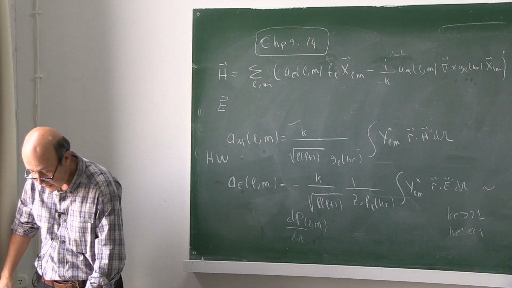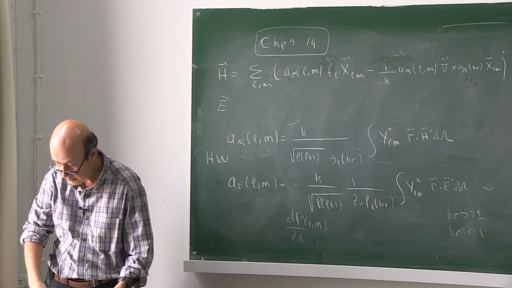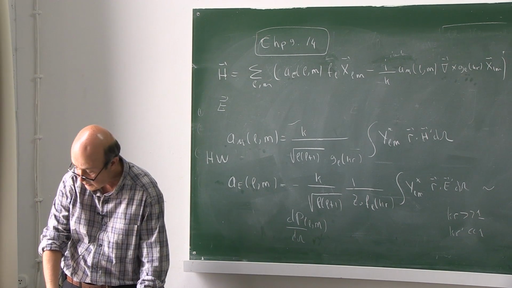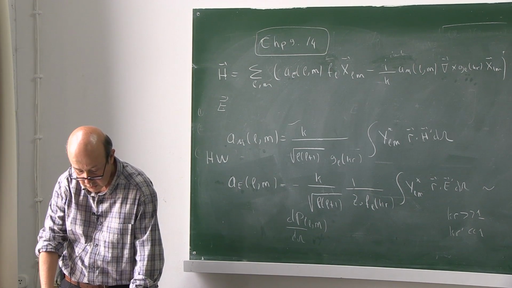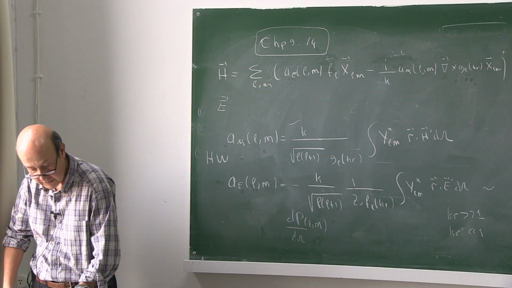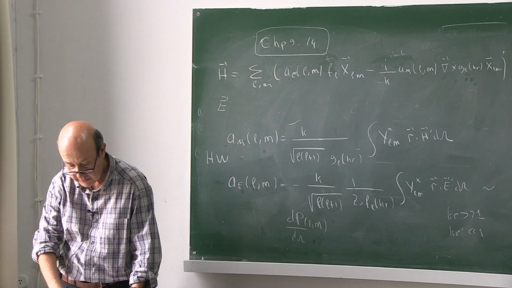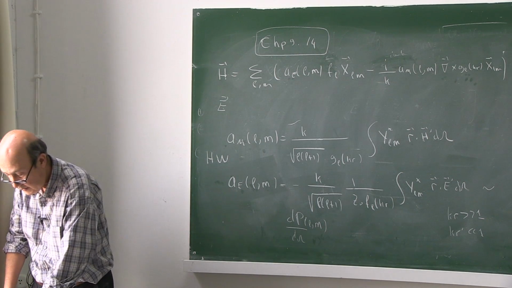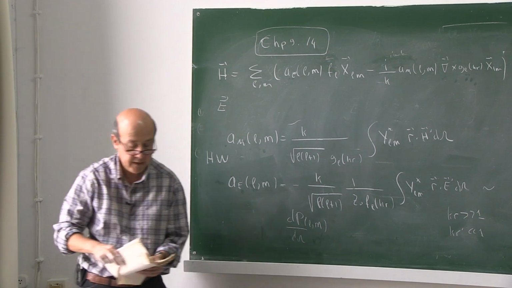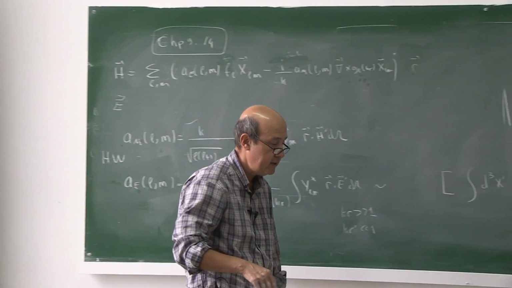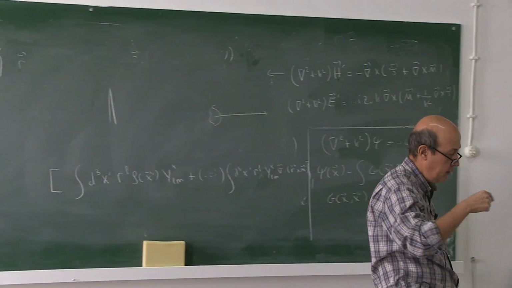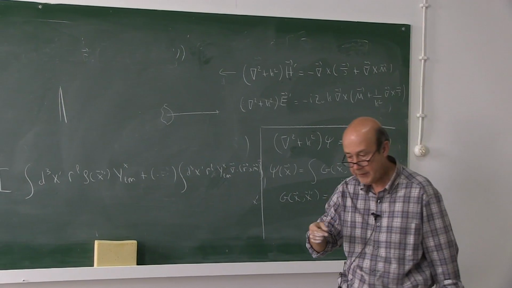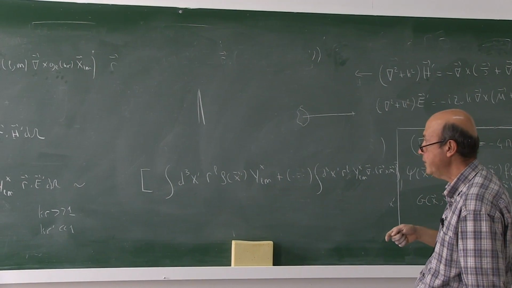Now let us try to start the new chapter, that is the scattering. So we will study the scattering basically at long wavelengths, meaning that the source dimension is small relative to the wavelength of the incident electromagnetic wave.